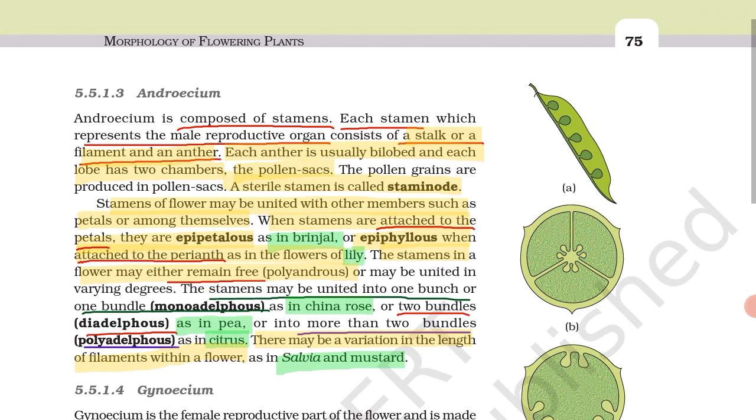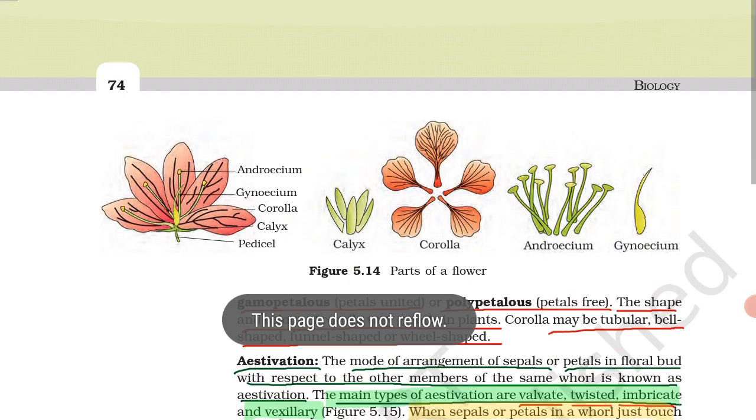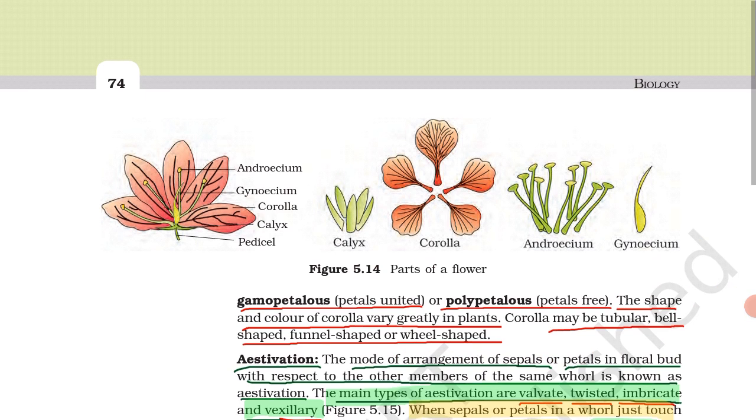So see what is monodelphous when the stamens are united. Let's see the stamen clearly in figure 5.14. The androecium is shown there.